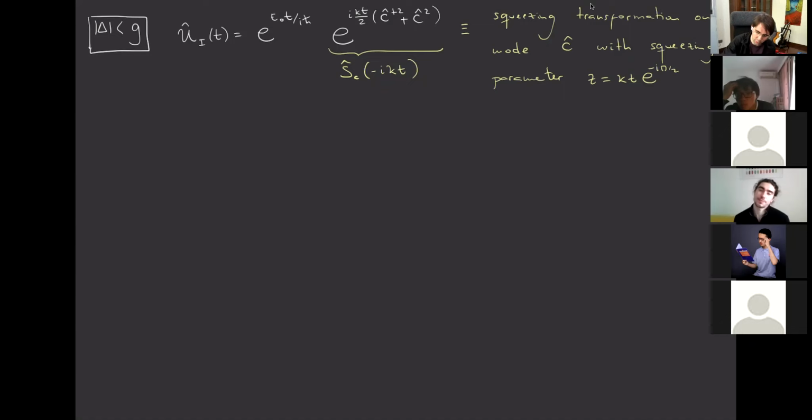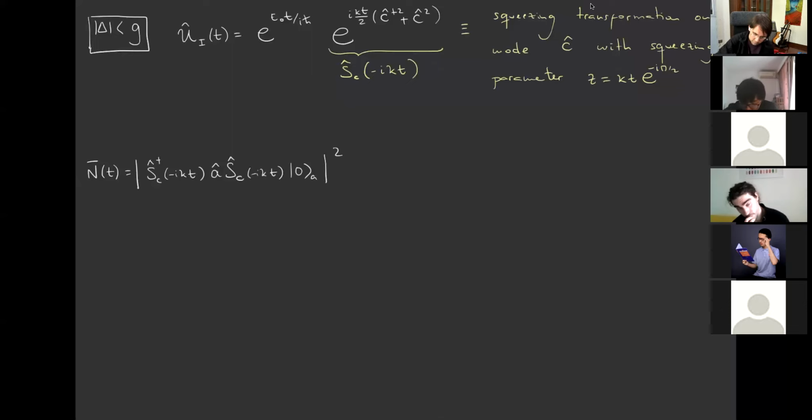So let me show you again analytically n of t. This is equal to the norm square of this squeezing transformation on A, acting on the vacuum state, which is the initial state.